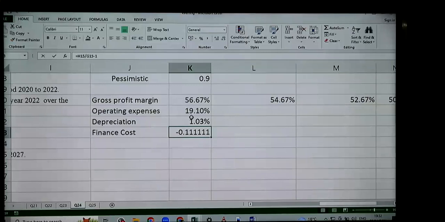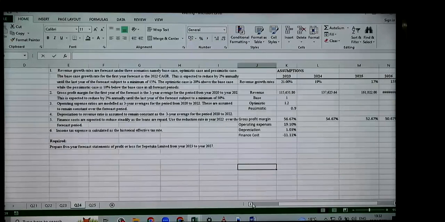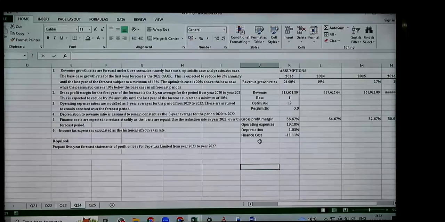Then I do percentage, then I do 2 decimal places. You can see now we have already done also for the finance cost, isn't it? And the income tax expense will be 30% as we had calculated earlier above, isn't it?